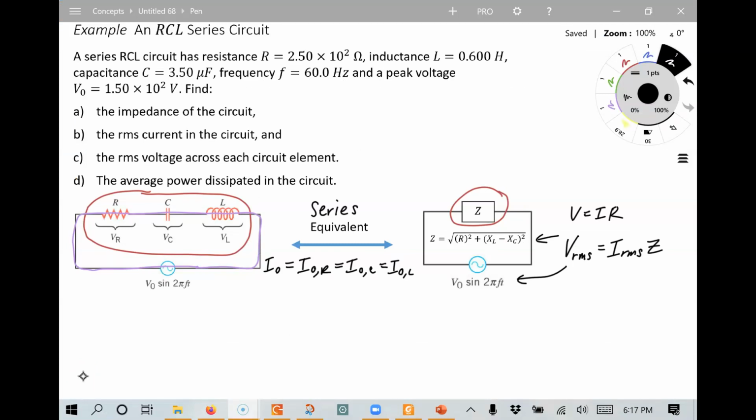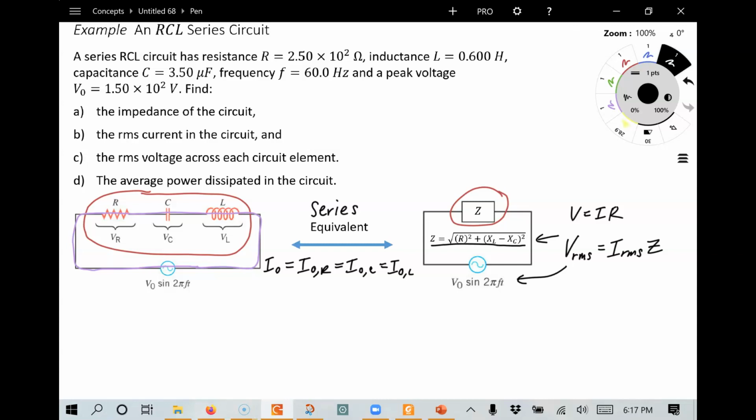Now notice that the equation for the impedance involves X sub L and X sub C. These are the reactances, the effective resistance of the inductor and the capacitor, and we need to calculate those.